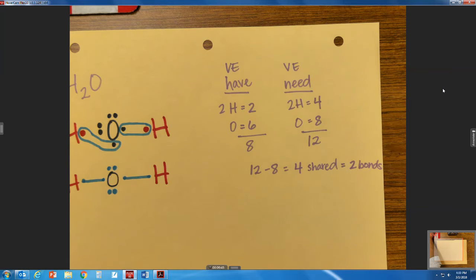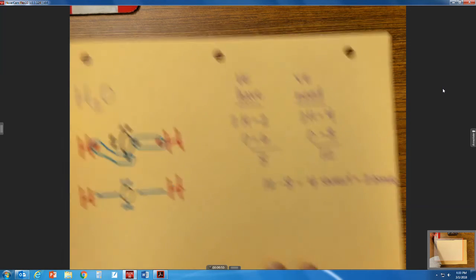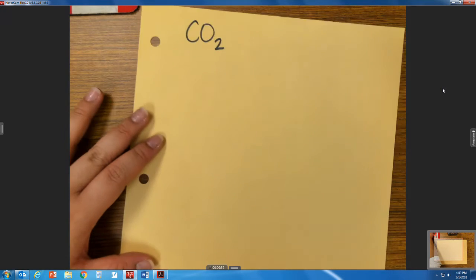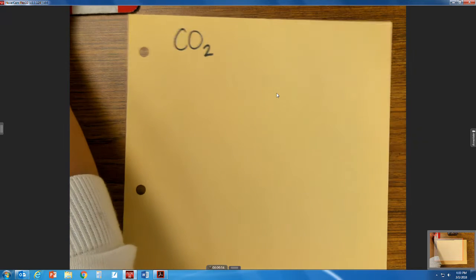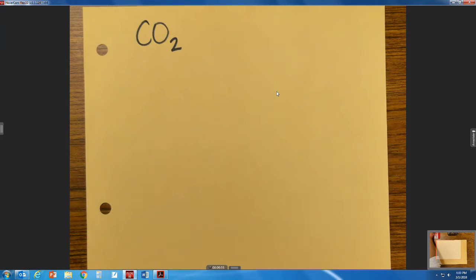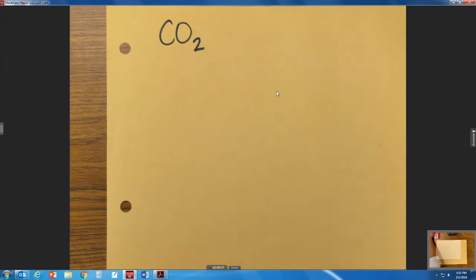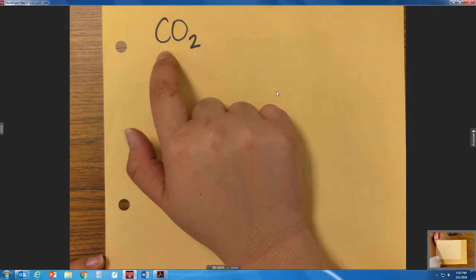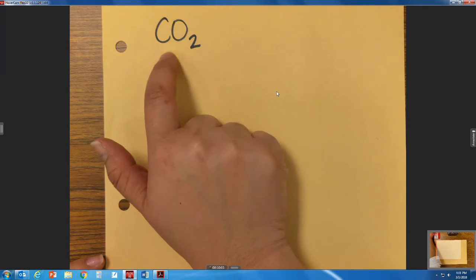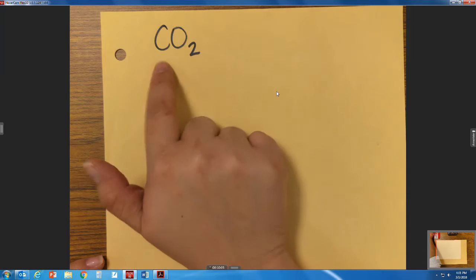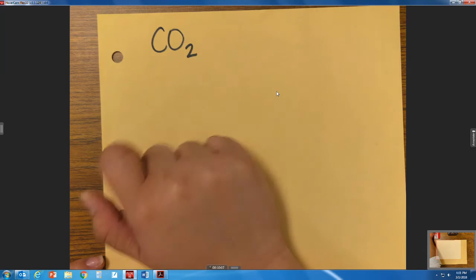We have carbon dioxide. So again, I'm going to show you both ways to solve for this. Remember, when drawing our Lewis structure, our first element is going to be our central atom, unless it's hydrogen, then it would be the second one.